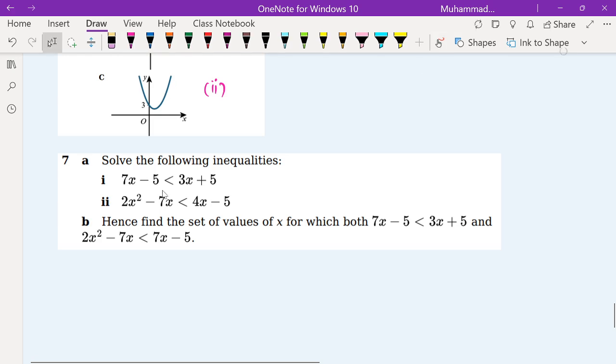Okay, this is a simple linear inequality. Solving a linear inequality is not a big deal. So tell me how to do it. 7x minus 5 less than 3x plus 5. Simple, one or two steps.